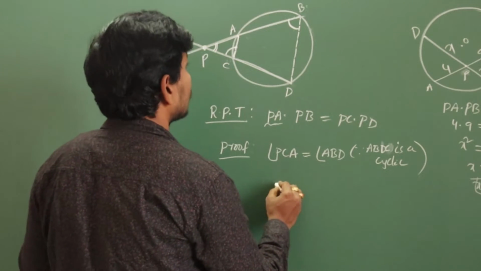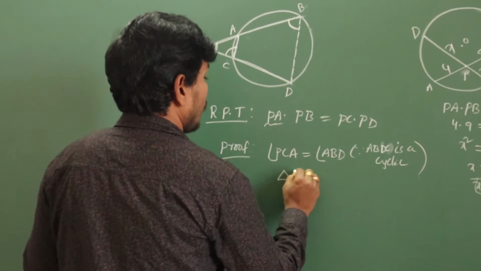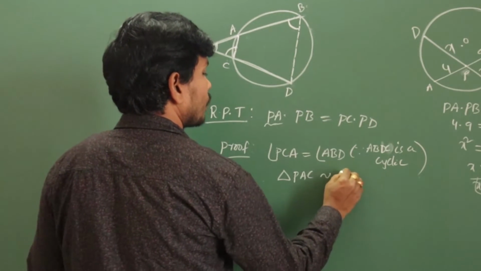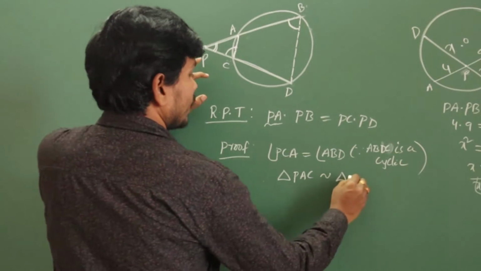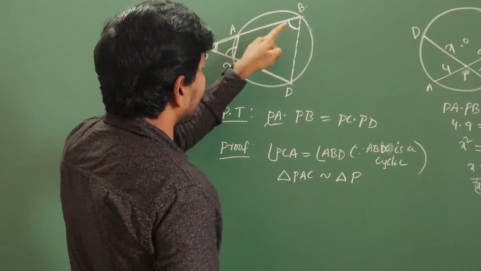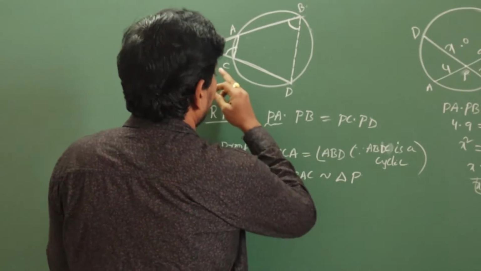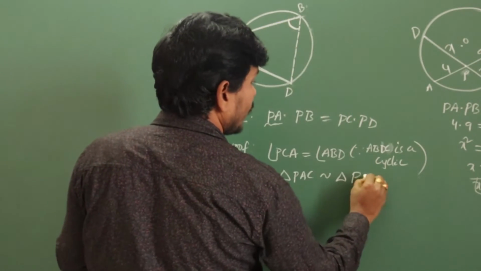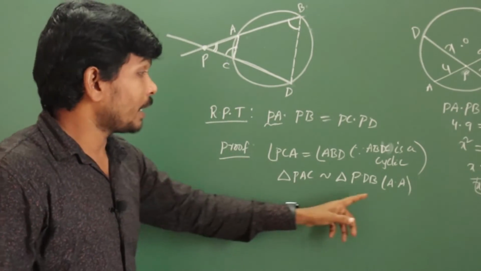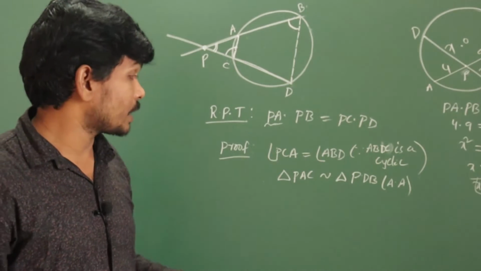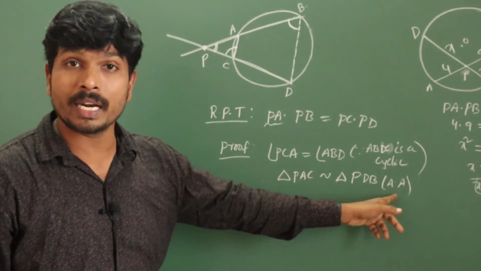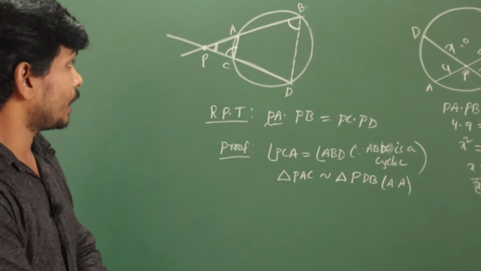Therefore, triangle PAC is similar to triangle PDB. Observe, P is the common angle; the corresponding angle of A is D here, and of C is B here. By which similarity? By AA similarity, both are similar to each other. So triangle PAC is similar to triangle PDB by AA similarity.